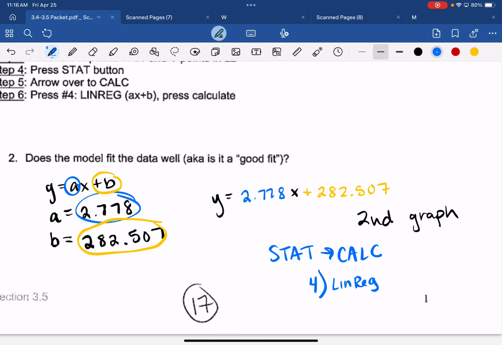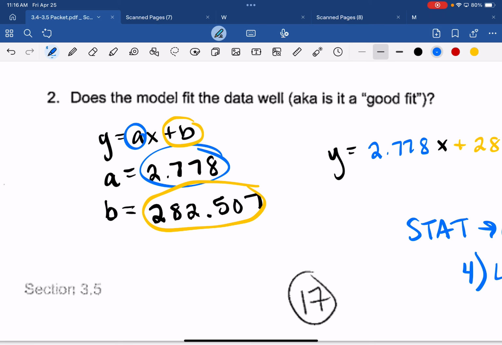The R. So ignore the R squared. Just the R says 0.99, right? This is a decimal, but it's really giving us a percentage. What would this be as a percentage? 99%. This is what we call our correlation coefficient.